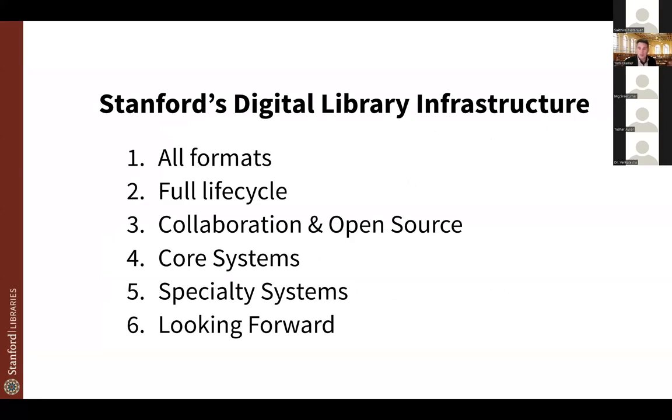The second is we look at the full life cycle of information, everything from the planning and the creation and the research of the life cycle, all the way of information or of data, all the way through its management. So making sure that you have appropriate rights information, that is fully described, and then through its access and preservation.